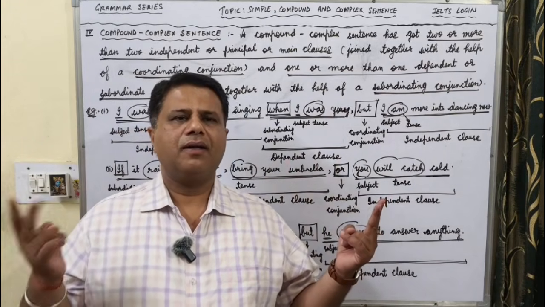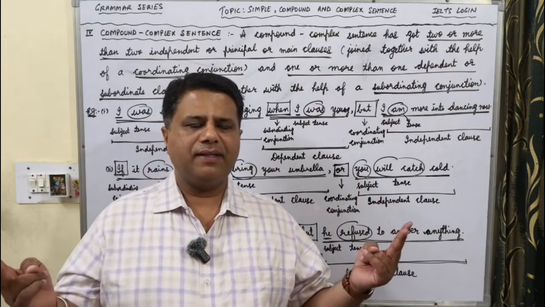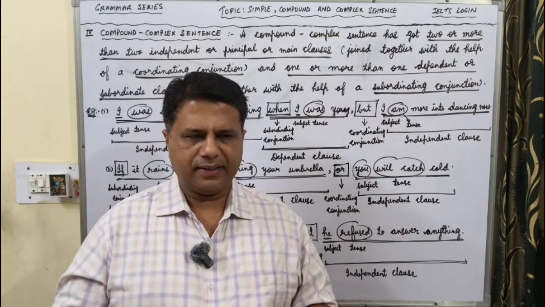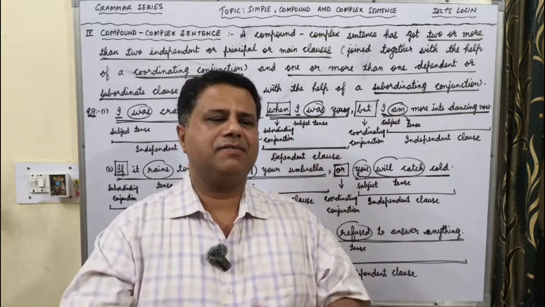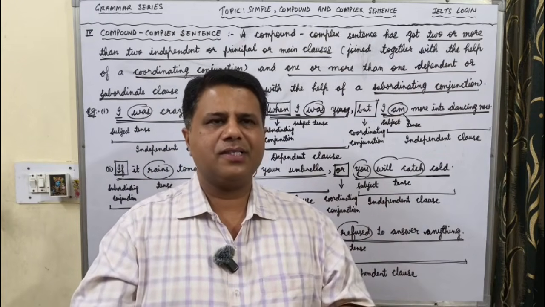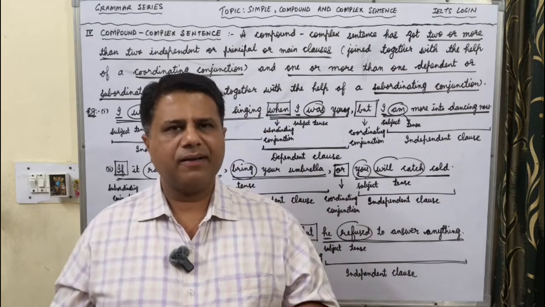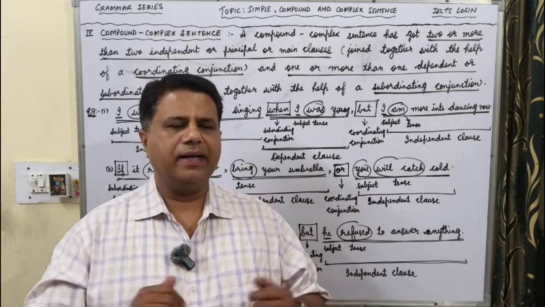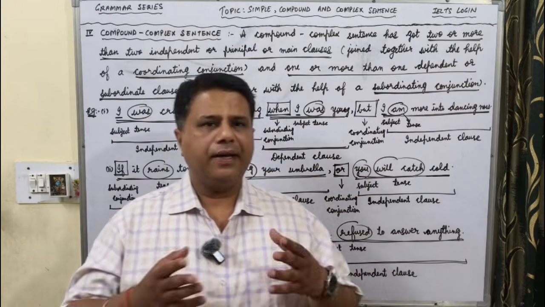A complex sentence has one dependent and one independent clause joined together with the help of a subordinating conjunction. But in a compound complex sentence, all the things will be there. Two independent clauses, one coordinating conjunction, one dependent clause, and one subordinating conjunction will be there. So obviously it will make the sentence very interesting.